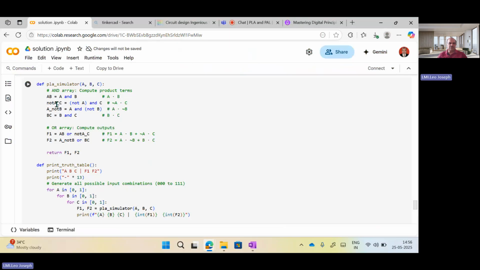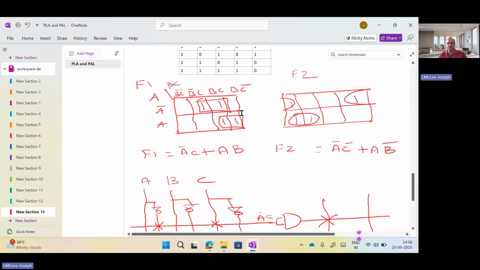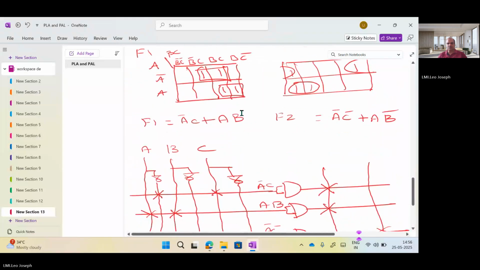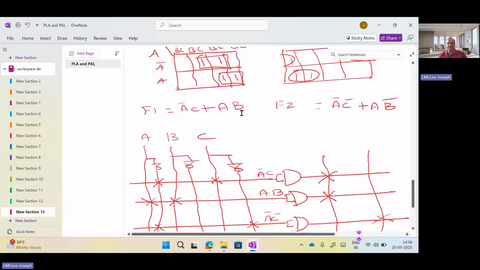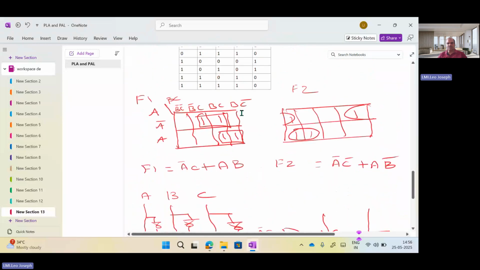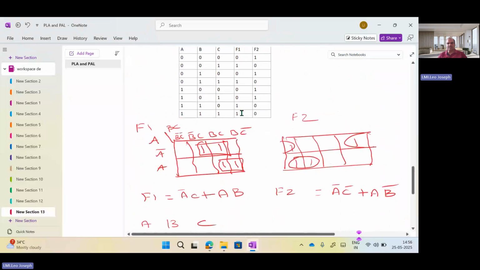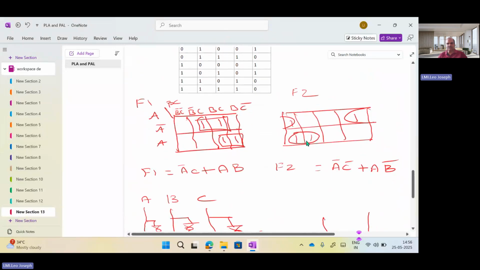AB, not of A and C, and then AB bar, that is A and not of B, and BC is nothing but directly B and C. BC is written but I don't know why, we will check that. Okay, BC, I think it appears nowhere.